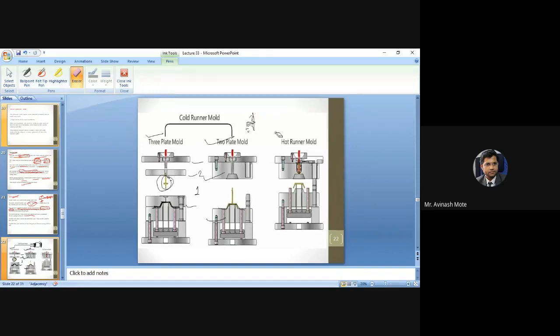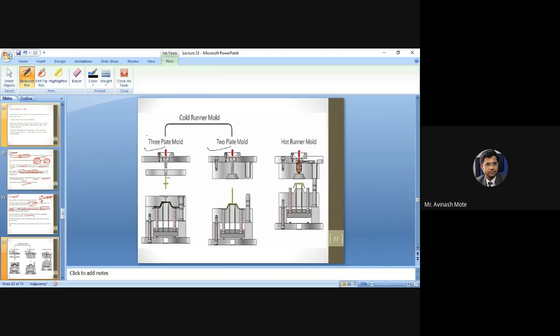But if you don't want any mark or impression of the gating system, you will have to go for the three plate mold. Looking at the complexity, obviously more moving parts mean more complexity. So this complexity will be more in case of three plate mold, and less in the two plate mold. Then pros and cons accordingly.